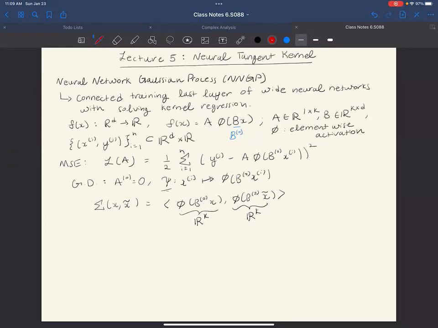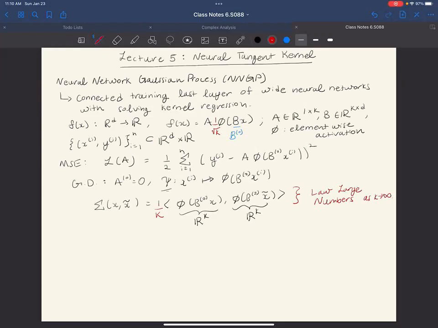And so to handle this, to compute this kernel when k was going to infinity, remember we just added this scaling factor, 1 over root k. And out here we would have a 1 over k, and this let us use the law of large numbers as k went to infinity.